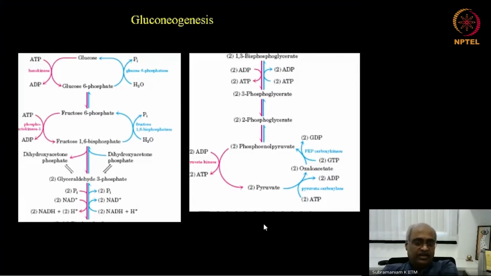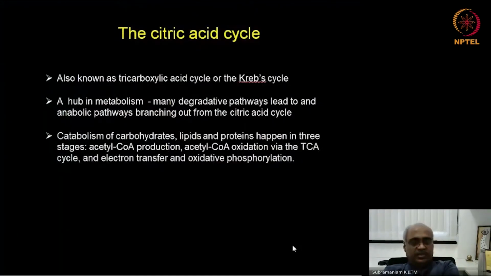In the immediate term, the enzymes are regulated allosterically, and in the long term, the expression of the genes involved in producing these proteins is regulated. Now let us move on to the next step.